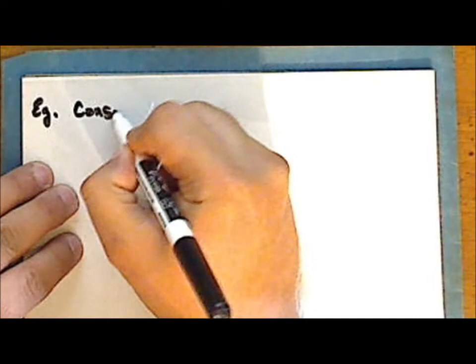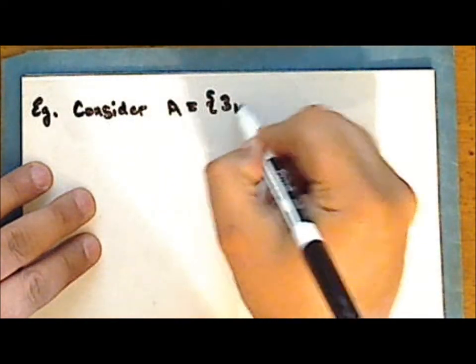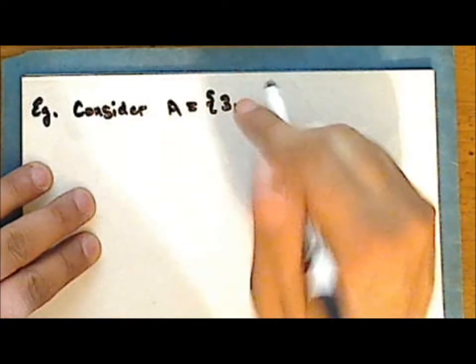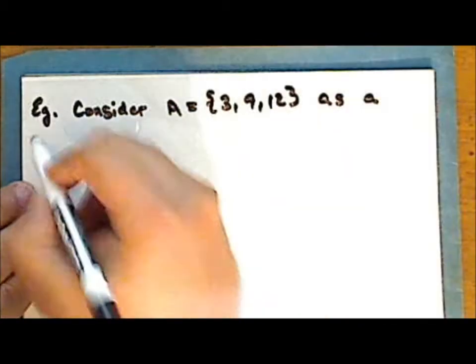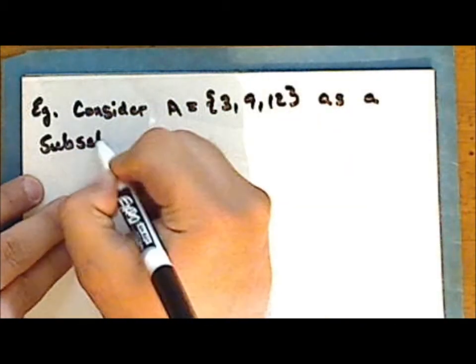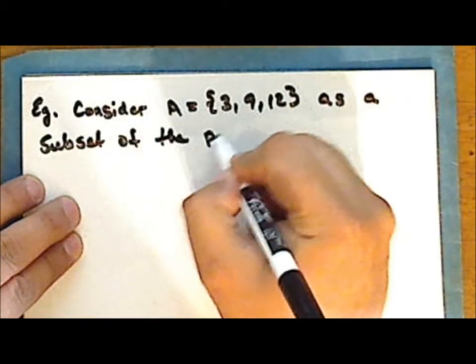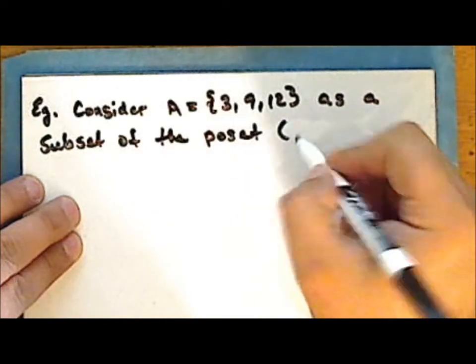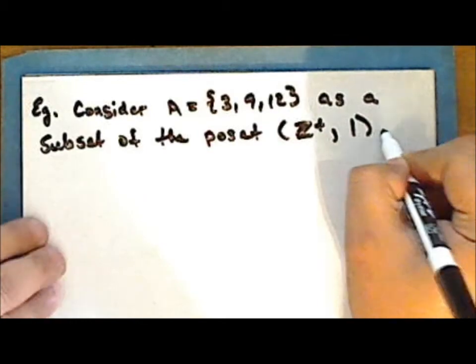Okay? So we'll look at an example again. So consider the set A consisting of the numbers 3, 9, and 12 as a subset of the poset consisting of the positive integers with the relation divides.